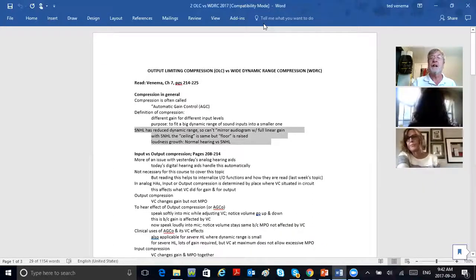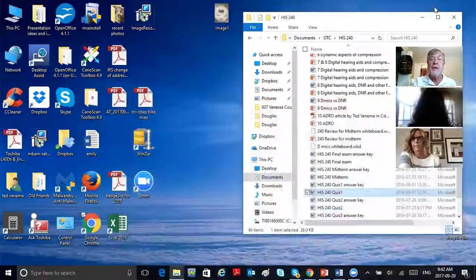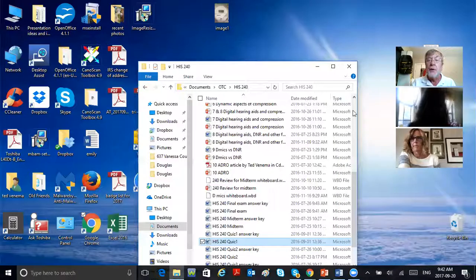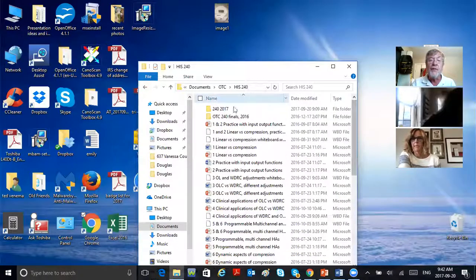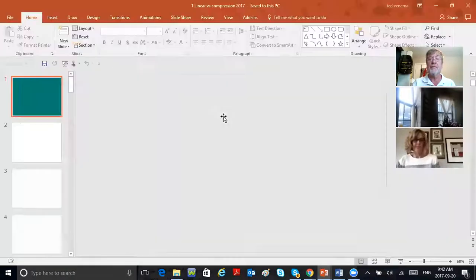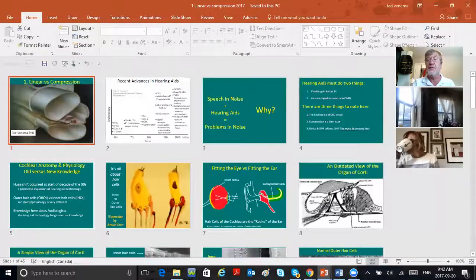Maybe I can pull up our very first session where we looked at linear versus compression, and I might be able to highlight that diagram for us again, because it is rather important for us to really see this.